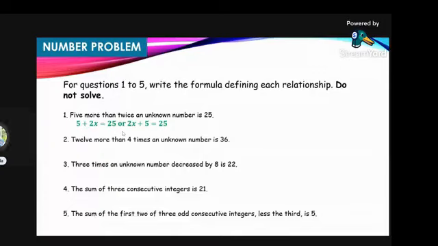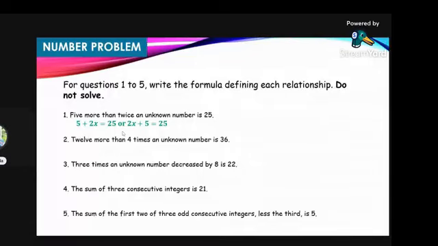Let's have number 2. 12 more than 4 times an unknown number is 36. Sir Rojimil: 12 plus 4x is equal to 36.